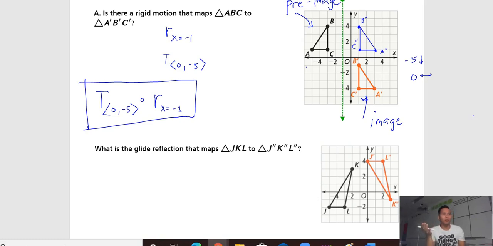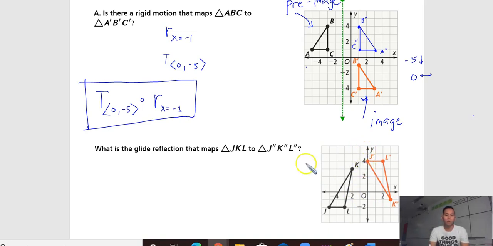Determine the translation by vertically aligning J double prime with J, and then L double prime with L, and K double prime with K. So it is 5 units horizontally and 0 units vertically.